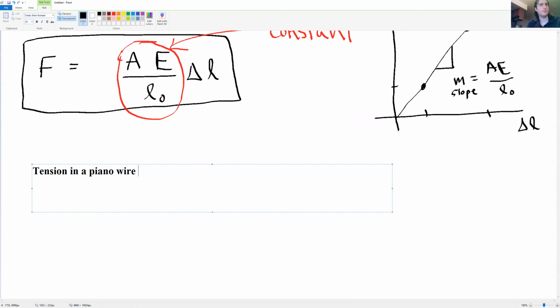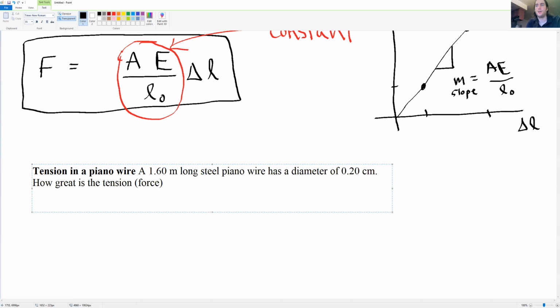A 1.6 meter long steel piano wire has a diameter of 0.20 centimeters. How great is the tension? Tension is a force, so that's our F. I know that might trip some people up. How great is the tension in the wire if it stretches 0.25 centimeters when tightened?